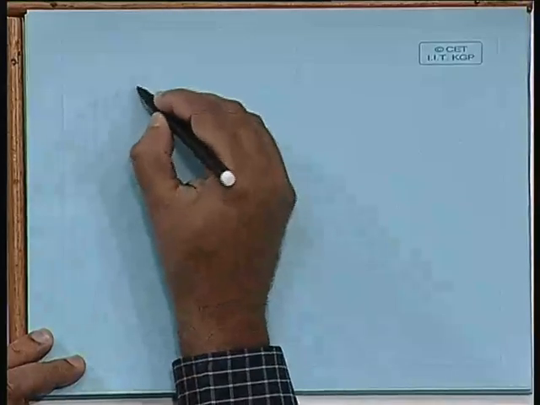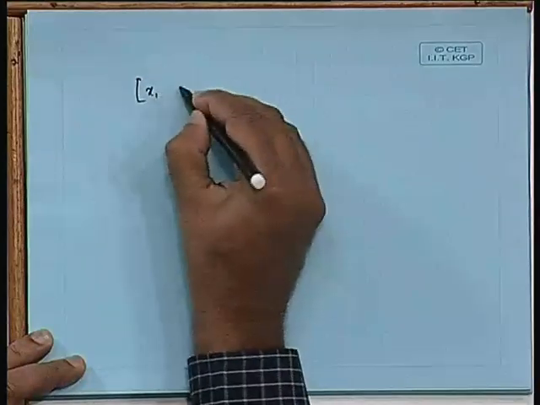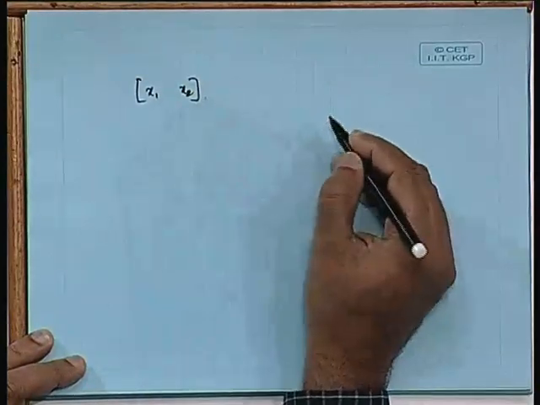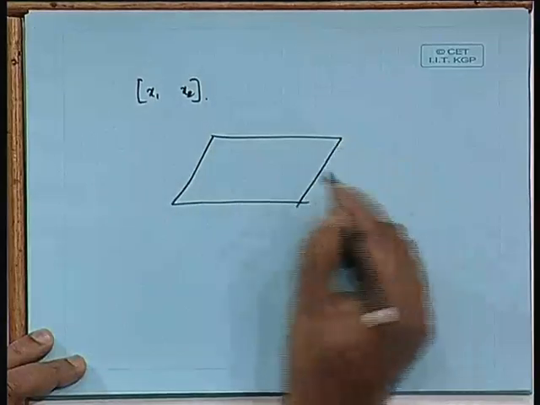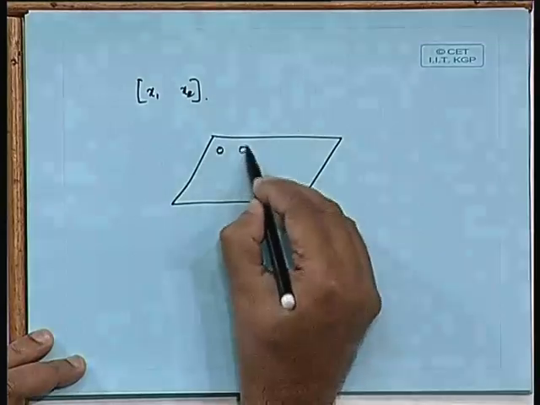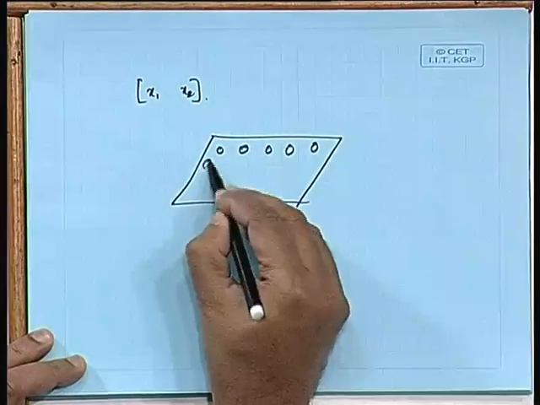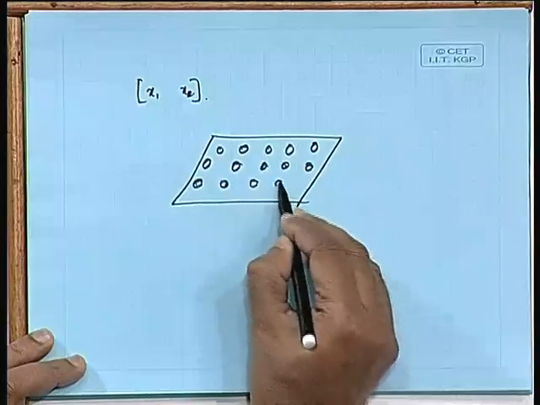Now, as in the example in the last class, let us say that we have an input consisting of just two elements. It is a two element vector, x1 and x2. Supposing in the output we have a lattice of neurons organized in, let us say, a two dimensional lattice.